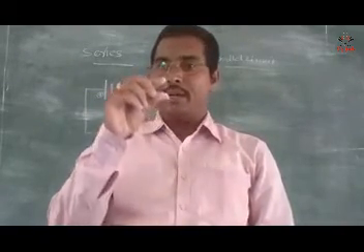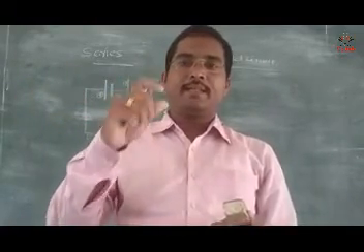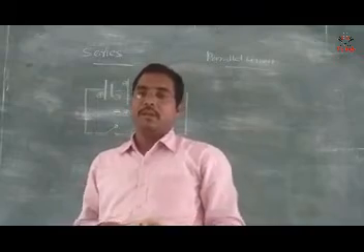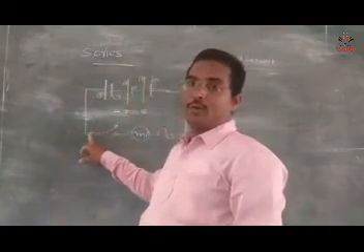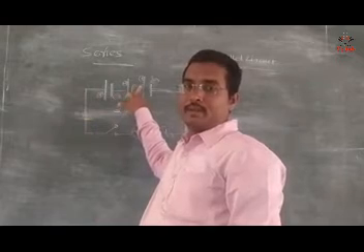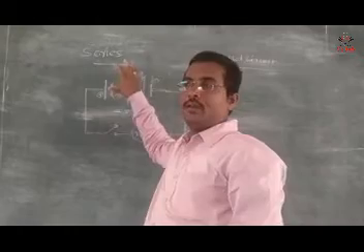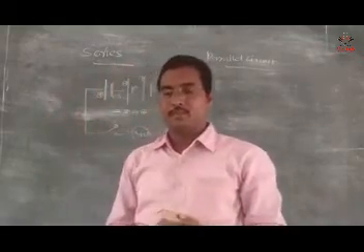All the decorating bulbs are arranged in series. In the case of a series circuit, the current flows in only one path. The series circuit has only one path for flow of current.